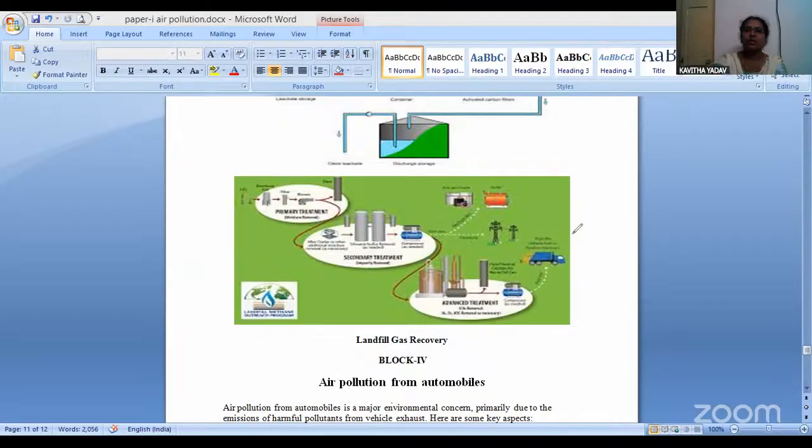The last one in this block 3, the last chapter, unit 12, is landfill gas recovery. So what does landfill gas recovery mean?